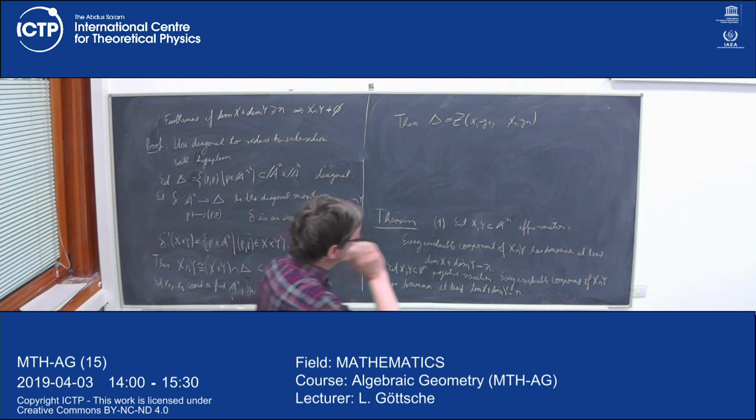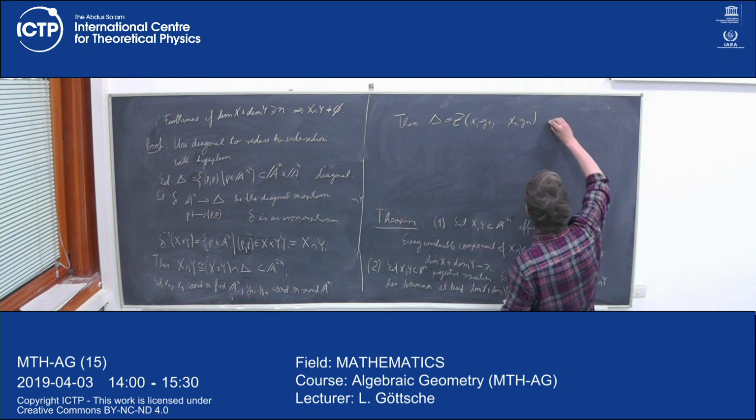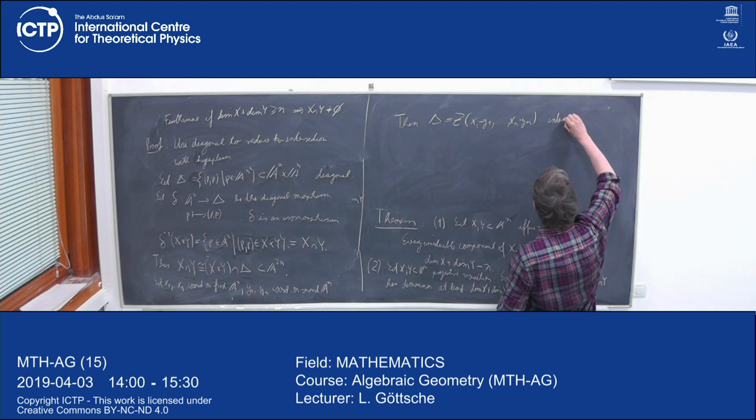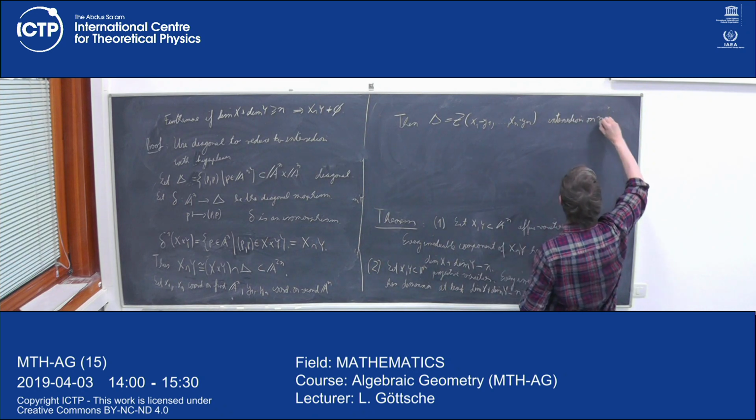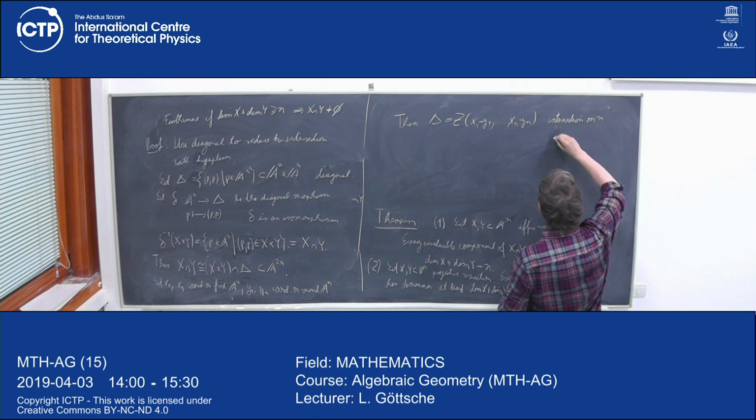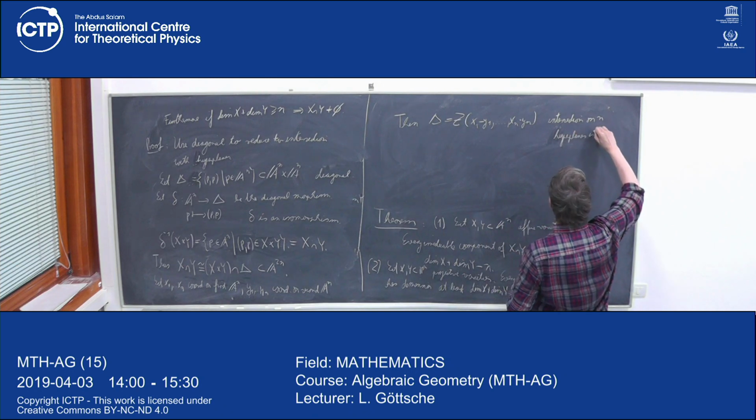So you can see it's an intersection of n hyperplanes in A^2n.